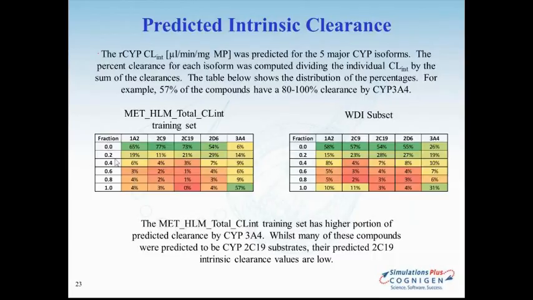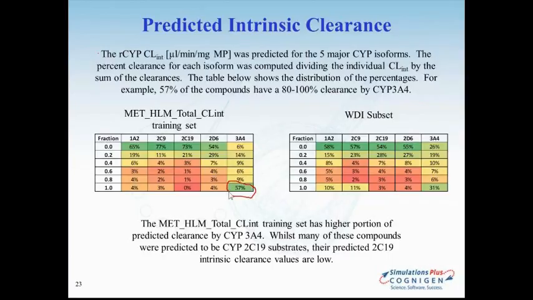And then I looked at the percent of compounds given a certain percent clearance. I think this is called fraction metabolized in John's slides that he'll show. So all of these should add up to 100.